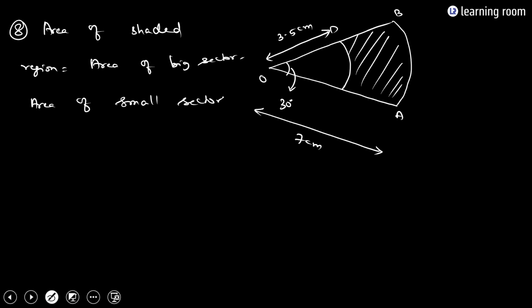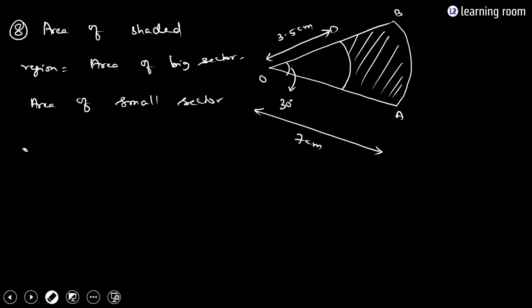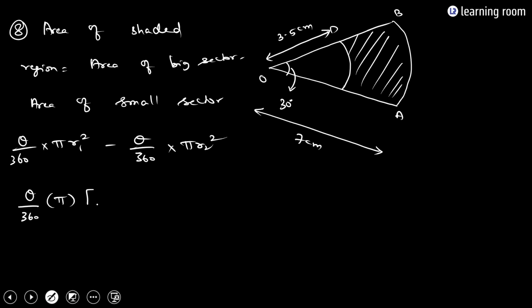So if you observe, theta by 360 into pi r1 square minus theta by 360 into pi r2 square. But what is the value of theta in both the cases? It is going to be 30 only. So I can take theta by 360 into pi outside. I'll have r1 square minus r2 square.